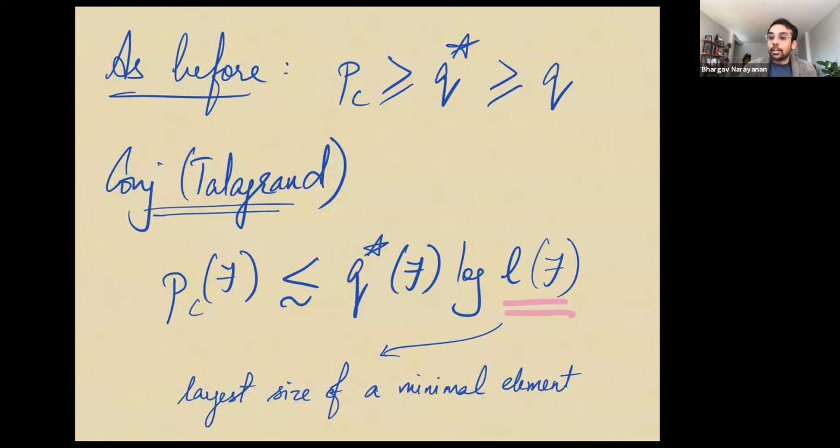So in that sort of example, Talagrand predicts that there's no logarithmic gap that one might expect to see, whereas in the case of the perfect matchings, L of F is going to be n over 2, so it does agree with everything we've seen so far. So this is what Talagrand conjectured.